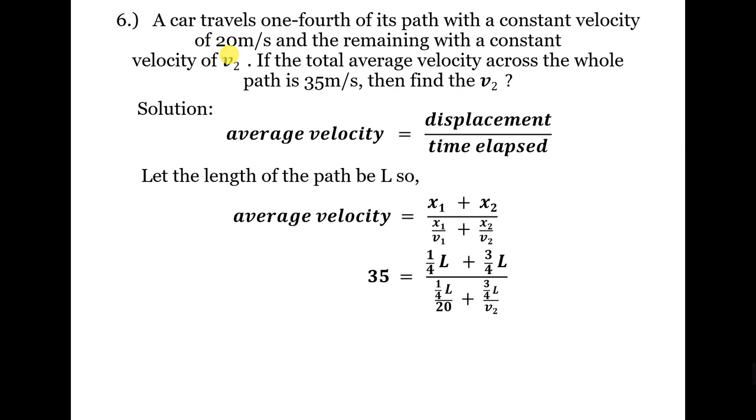As we observe, there is no value of velocity for the remaining three-fourths of the total travel displacement, and that is what we are looking for. We simply use the cross multiplication process or directly use the scientific calculator to solve this. Then the result is 46.667 meters per second as the value of constant velocity, or the v sub 2.